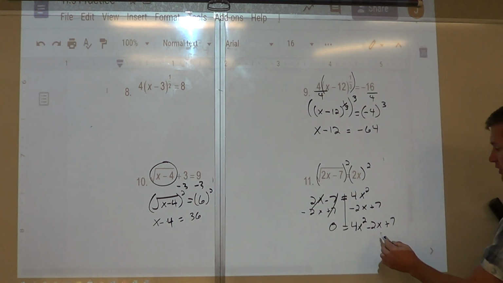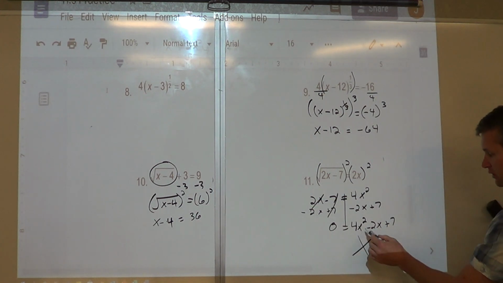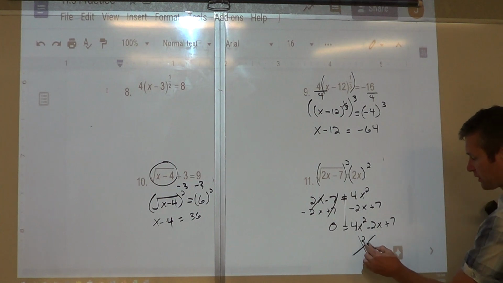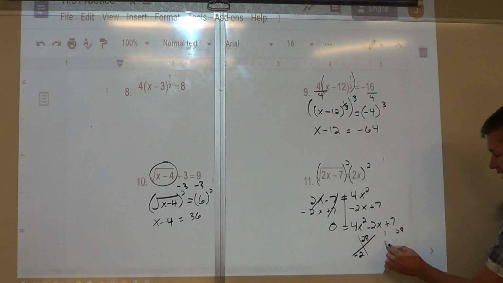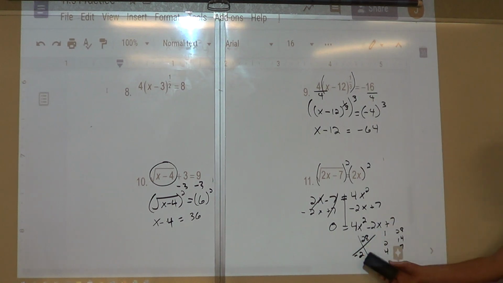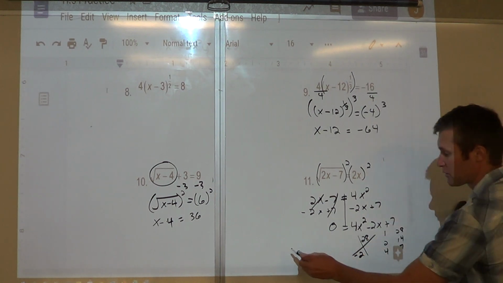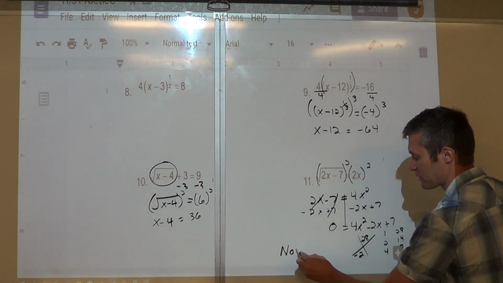So then again, I try to factor this. What 4 times 7 is 28. And what multiplies to 28 adds to negative 7. So if I look at this, we have 1 and 28, we have 2 and 14, 3 doesn't work, 4 and 7. Okay, what multiplies to a positive 28, so they're either both negative, so nothing's going to factor, so this would be no solution for this one.